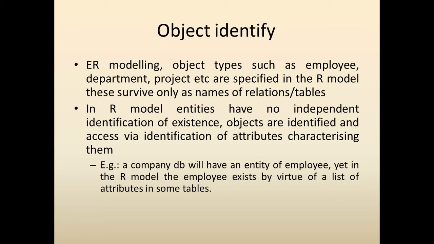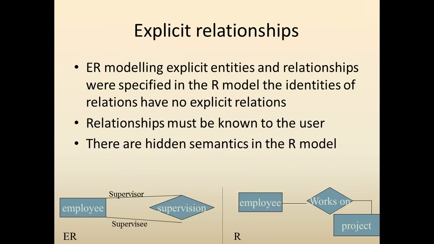In the relational model, entities have no independent identification of existence; objects are identified and accessed via the identifying attributes characterizing them. For example, a company database will have an entity of employee, yet in the relational model the employee exists by virtue of a list of attributes in some tables.